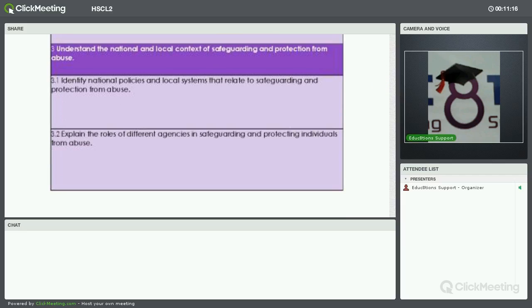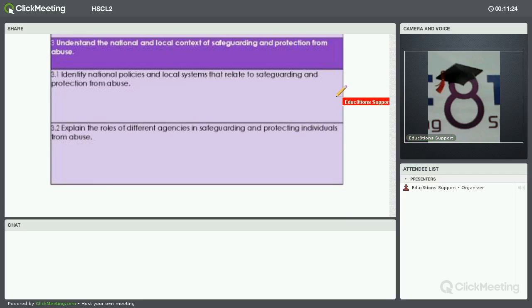So learning outcome 3 is to understand the national and local context of safeguarding and protection from abuse. So 3.1 is to identify national policies as well as local systems that relate to safeguarding and protection from abuse. So here we need to do some research.